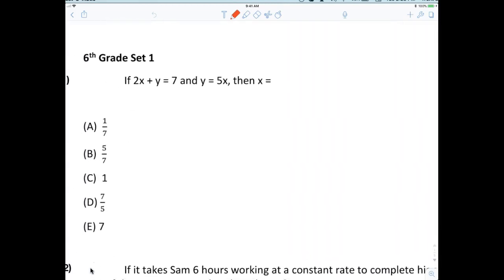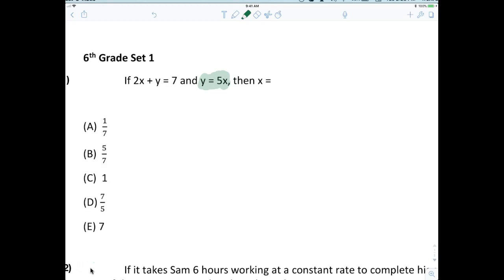So what I want everybody to do is highlight or underline that y equals what? 5x. Go back to the beginning. Now I know that y equals 5x. That means wherever I see a y, I could replace it with what? 5x.